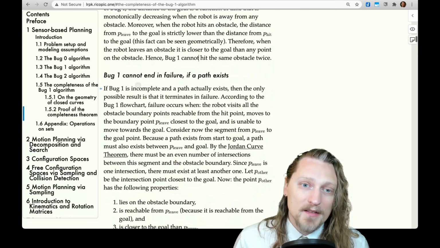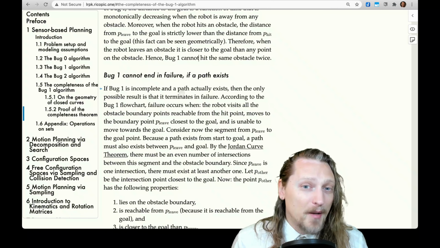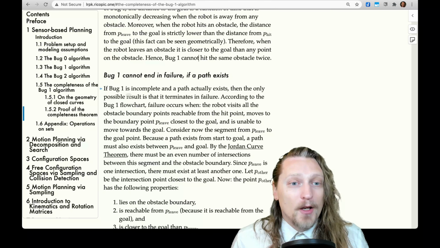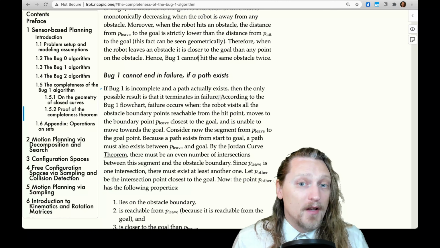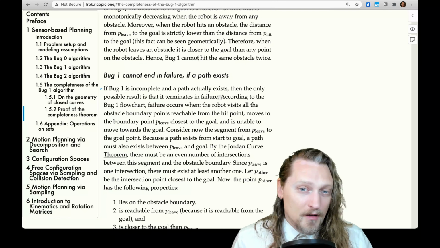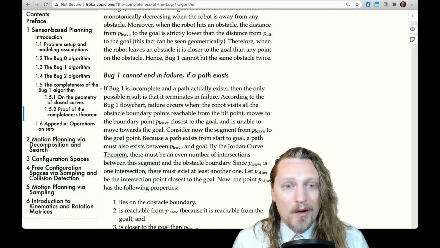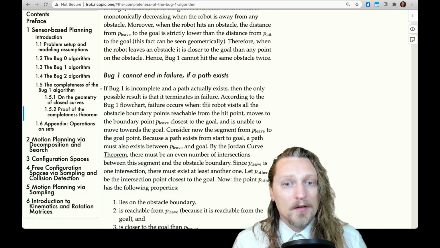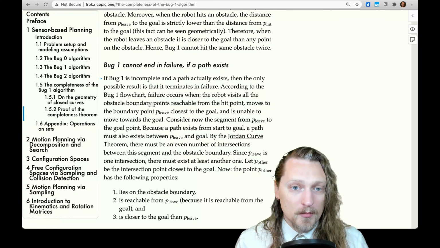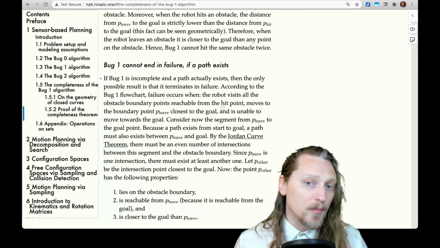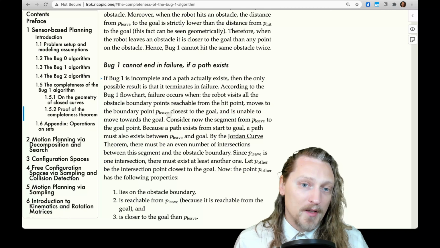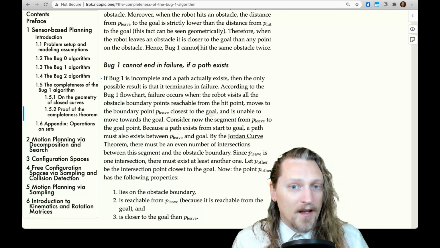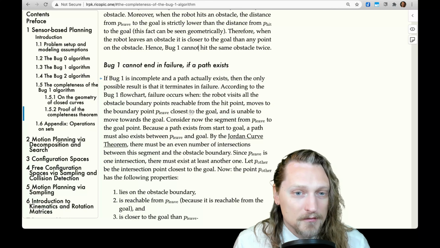So if Bug 1 is incomplete and a path actually exists, then the only possible result is that it terminates in failure, as we've just deduced. According to the Bug 1 flowchart, failure can occur when the robot visits all the obstacle boundary points reachable from the hit point, moves to the boundary point, P leave, closest to the goal, and is unable to move towards the goal.